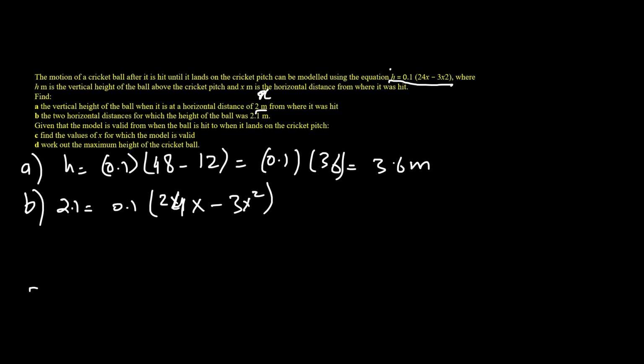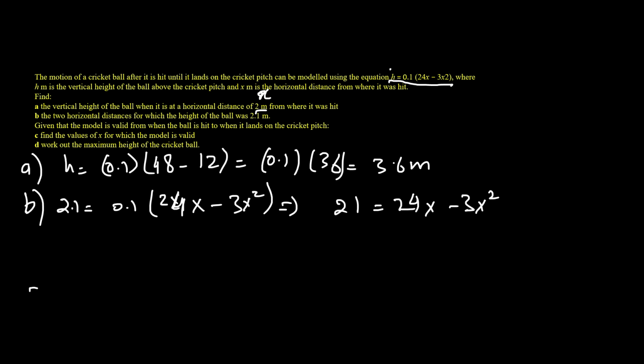We take this 0.1 to the left hand side, it will become 10. So the left hand side becomes 21 is equal to 24x minus 3x squared.